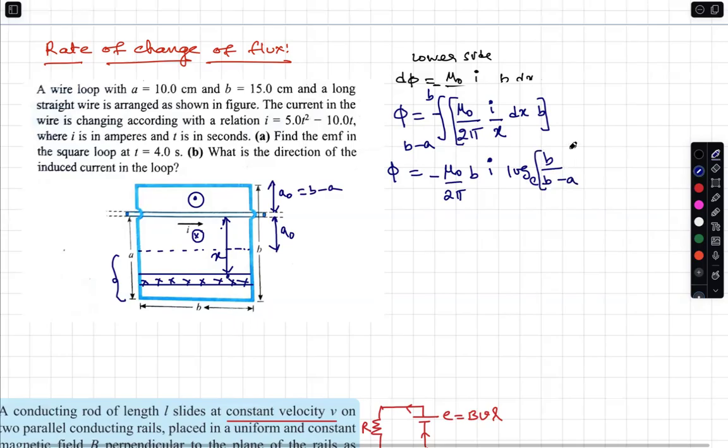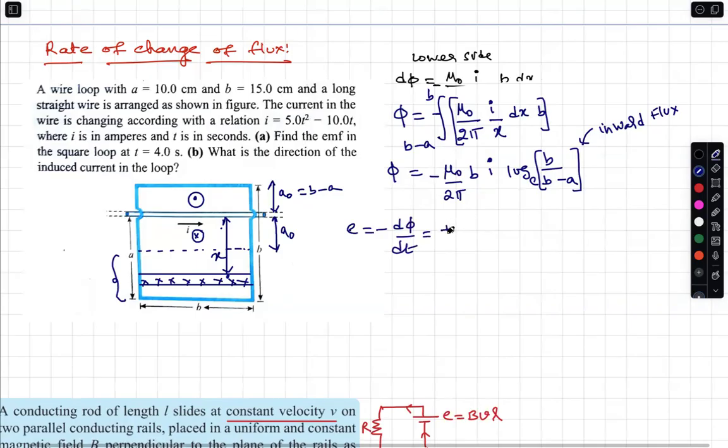Why you got negative? I told you very clearly, this is an inward flux. I hope there is no issue till this point. Now you bring the current picture. The current is changing with the time. So the EMF induced is minus d phi by dt.